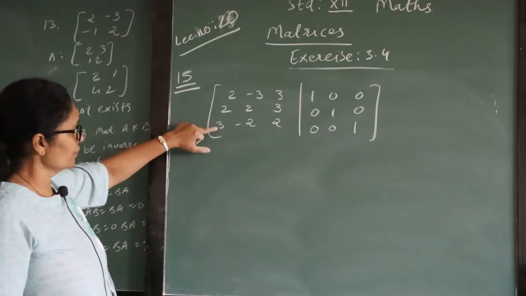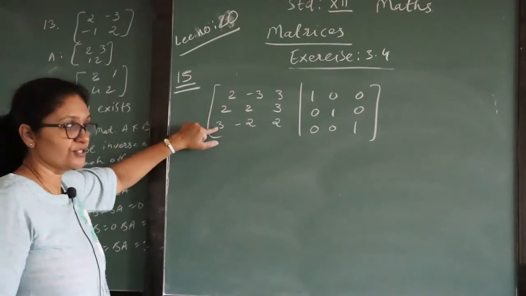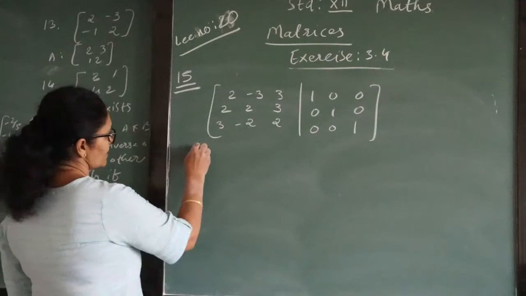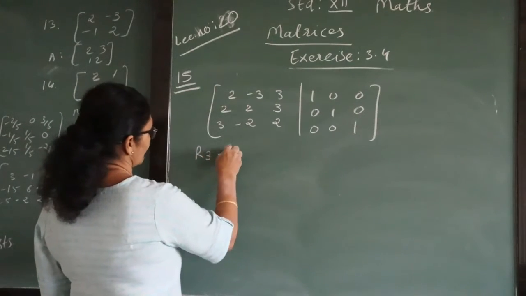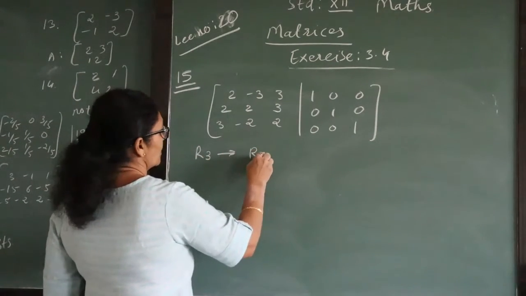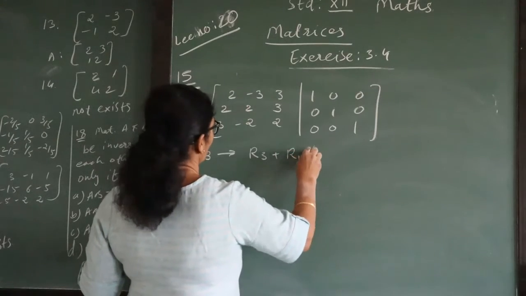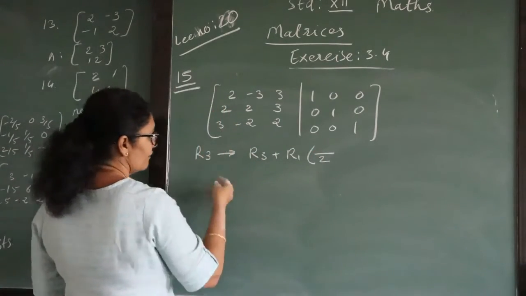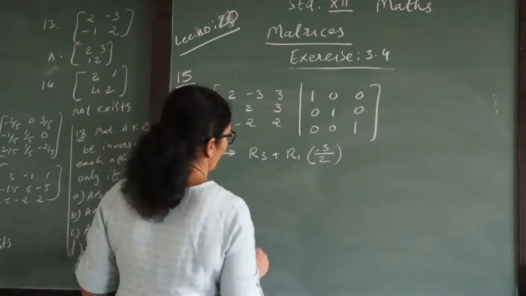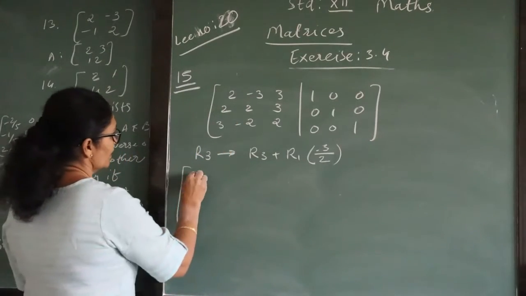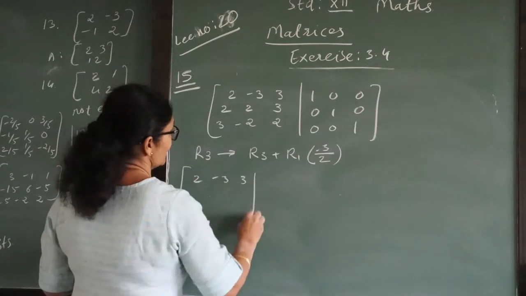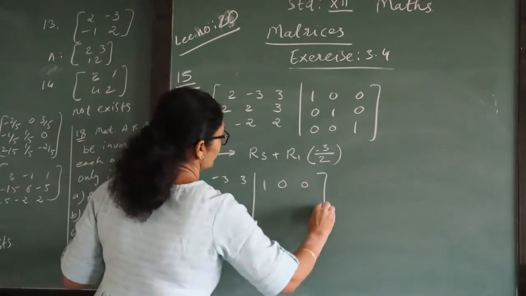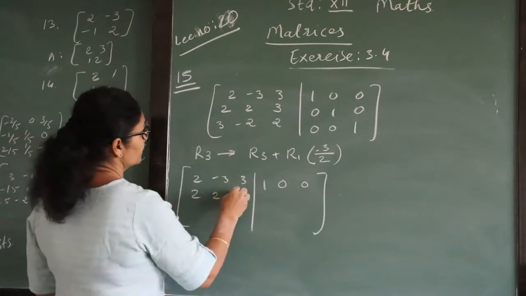We don't want this 3 and we want to make it 0. So when you want to make it 0, what do we have to write for R3 first? R1 multiplied first to make it 1 and then with 3, so minus 3 by 2. Okay, let's do it. The first row we will keep as it is and write what is given.